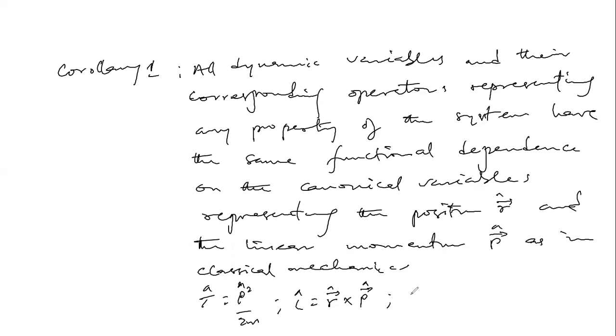And the operator representing the Hamiltonian is H, which is the sum of the kinetic energy operator and the potential energy operator.